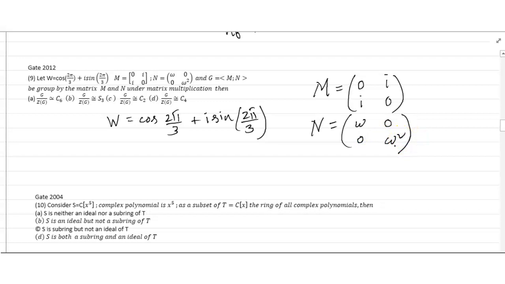This is N, and G equals generated by M and N. G is generated by M and N, so it is also a dihedral group, friends, because a dihedral group has two generators.